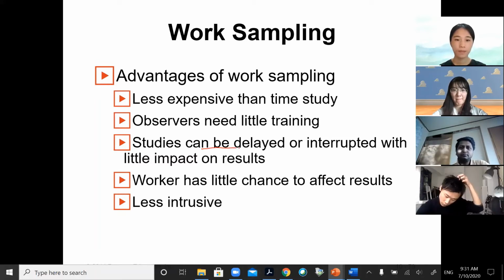But the studies can be delayed or interrupted with little impact on the results. To me, if you know the standard time and the amount of work, the most important thing is improvement after that. What do you do if the idle time is very high?